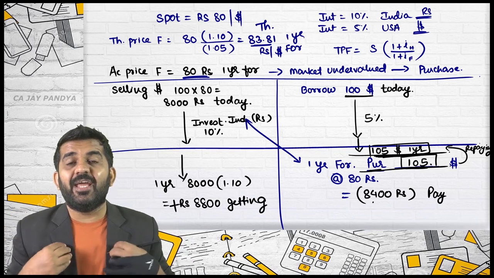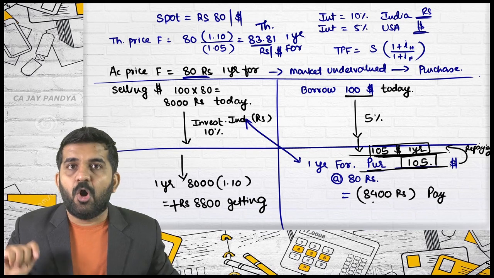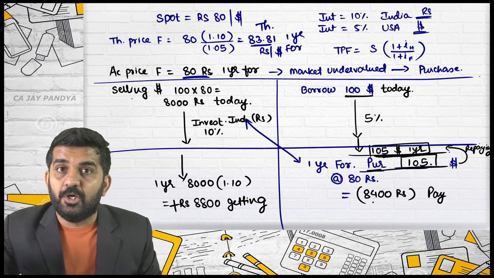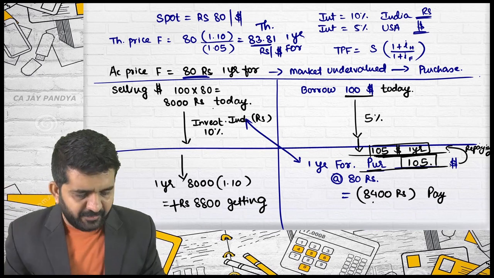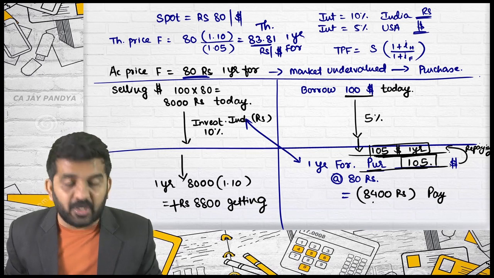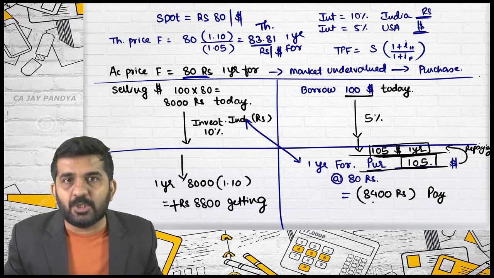See, today a single penny is not going out of my pocket. I have borrowed $100, so I am having $100 in my pocket today, which I have sold. I have received 8,000 rupees today, but that I have invested. After 1 year, I will be getting 8,800 rupees.